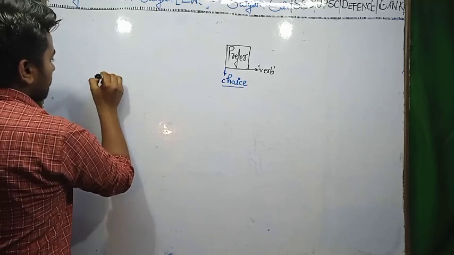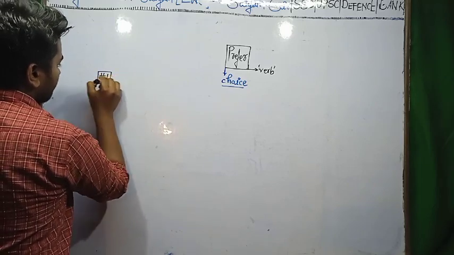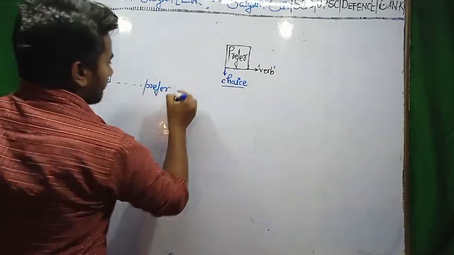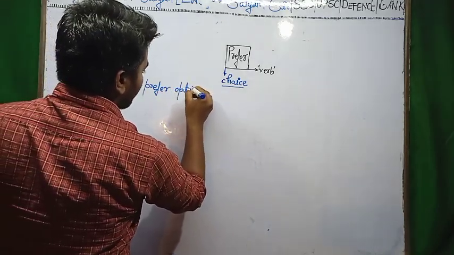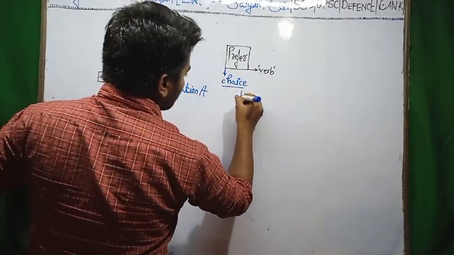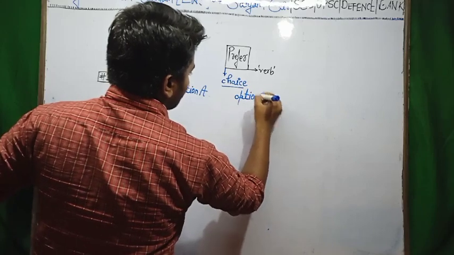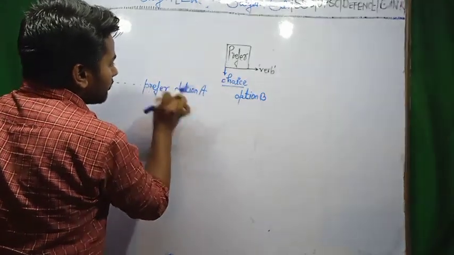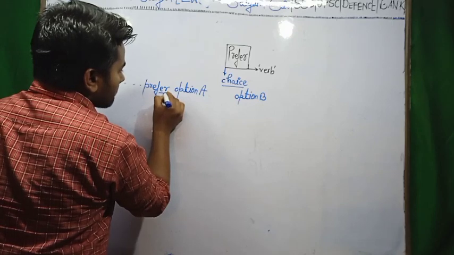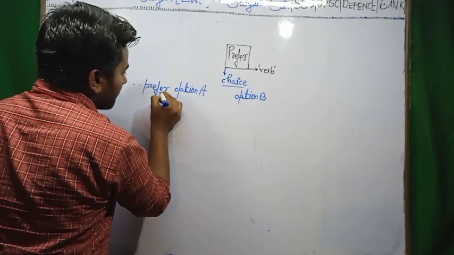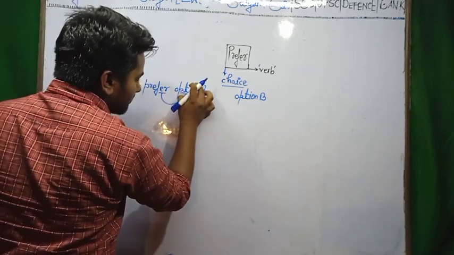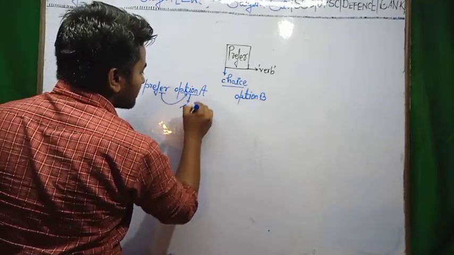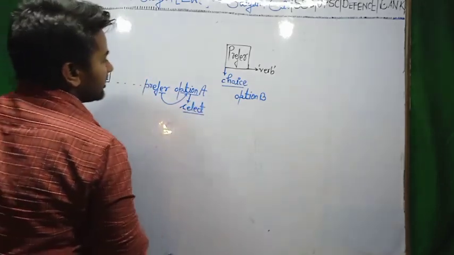The first concept that I'm going to talk about is that we use prefer, then we have two options, option A and option B. The option that you put just after prefer means you are selecting this option, this is your choice.